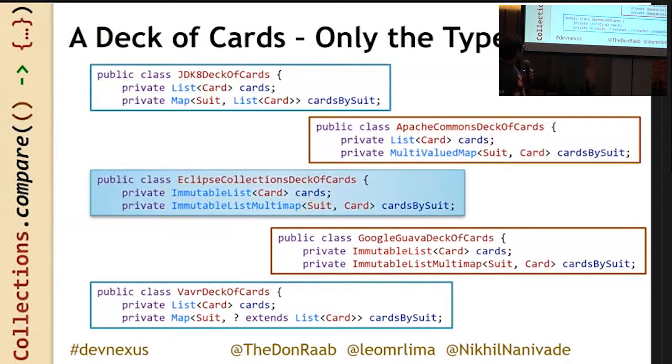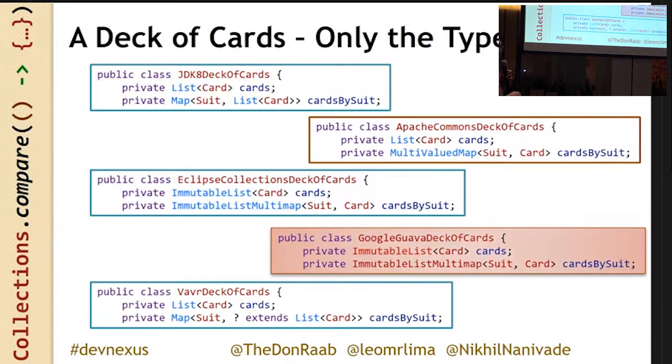Then in Eclipse Collections, we have both immutable lists and multimaps, mutable as well as immutable. We are going to use the immutable list multimap because we want the functional type of programming and immutables.